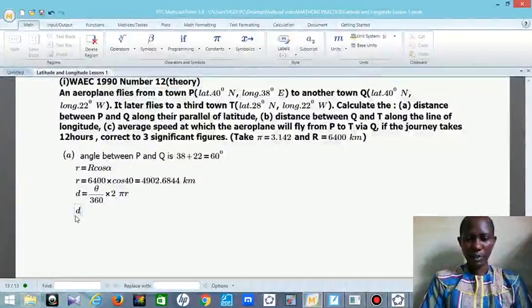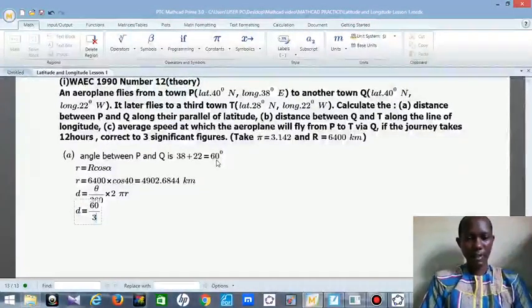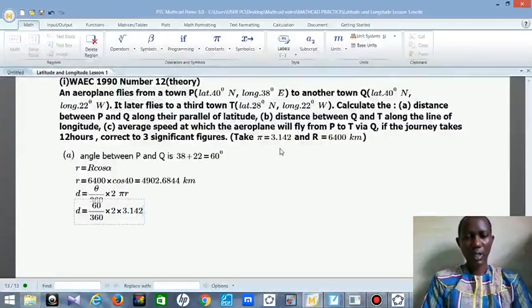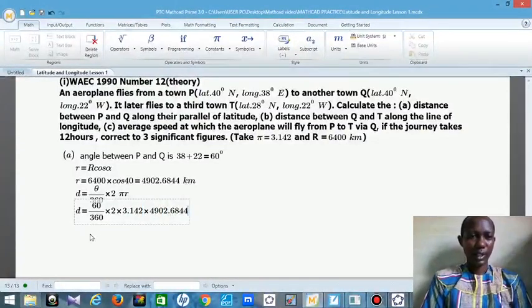Then you move on. D will now be, theta is now 60, the angle between the 2 points, divided by 360 degrees times 2 times pi, which is 3.142, times the radius we have calculated, small r, which is 4,902.6844, and that is all with the first question.